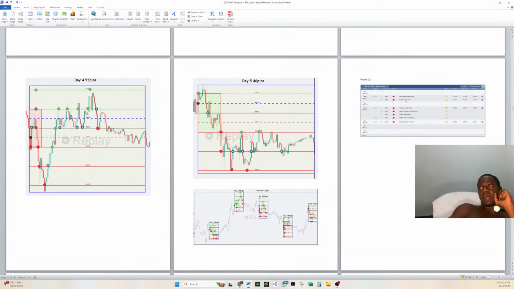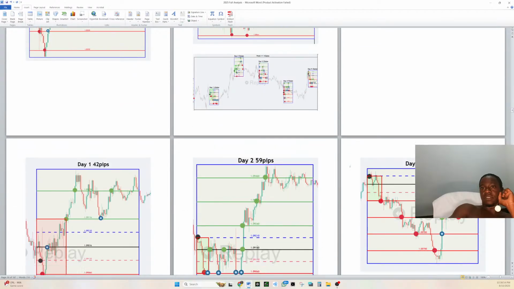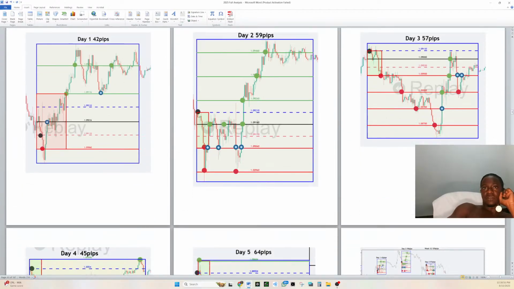Week 12, we got a few news events. FOMC. Sell stop, 5 pips in profit. Almost hit a 1-to-1. End up being a losing trade, continuation to the upside. Buy stop, end up being a losing trade. Whipsaw to the reversal.